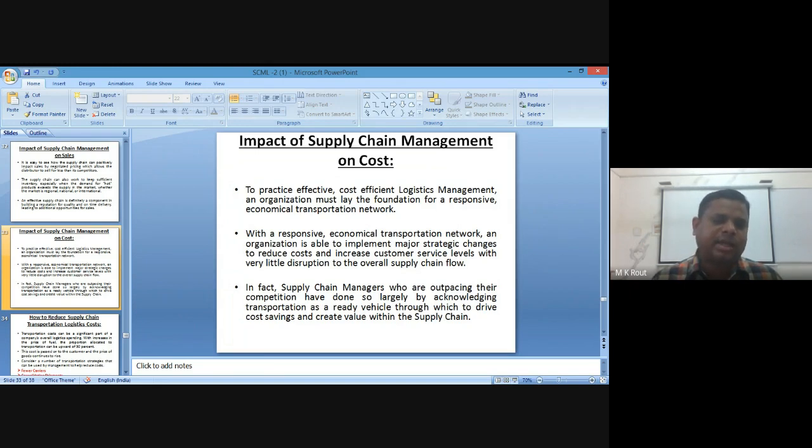The next part is that supply chain managers who are outpacing their competition have done so largely by acknowledging transportation as the ready vehicle through which to drive cost saving and create value within the supply chain. As I told in the last class, most of the dairy industry uses a strategy like the milk run method.